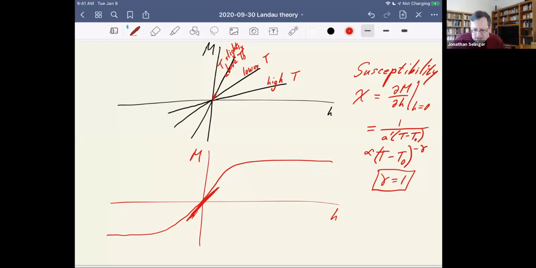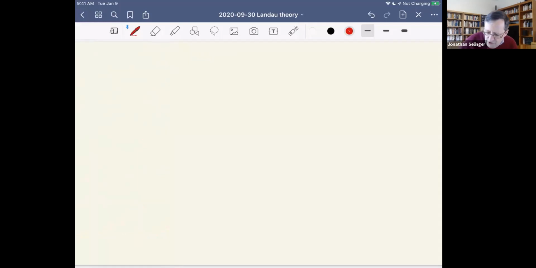I'm not actually going to talk about superconductivity here, but let's talk about the gas to liquid transition. Right? So for the gas to liquid transition, we want to do the same kind of thing.